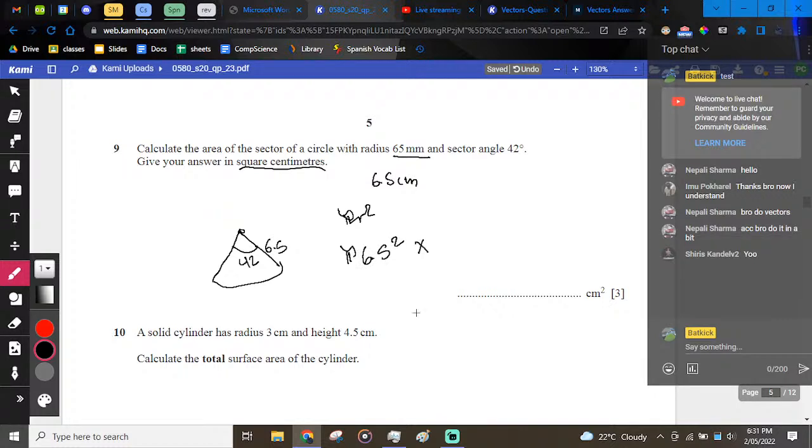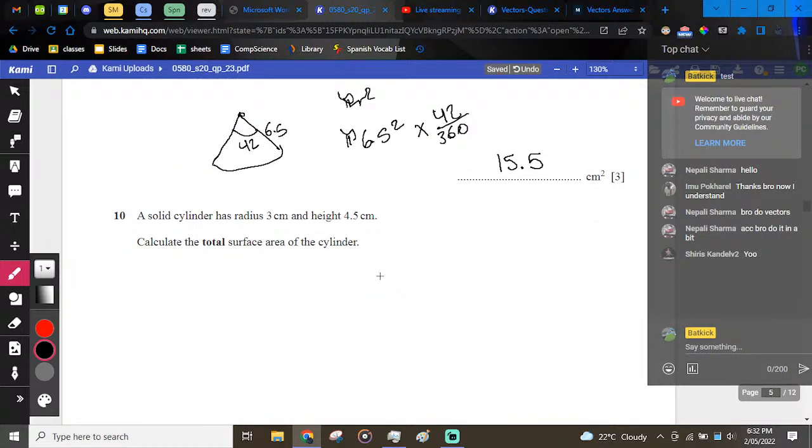And since it's a sector, it's angle over 360, 42 over 360, times pi times 6.5 squared, and answer is in square centimeters, 15.5.